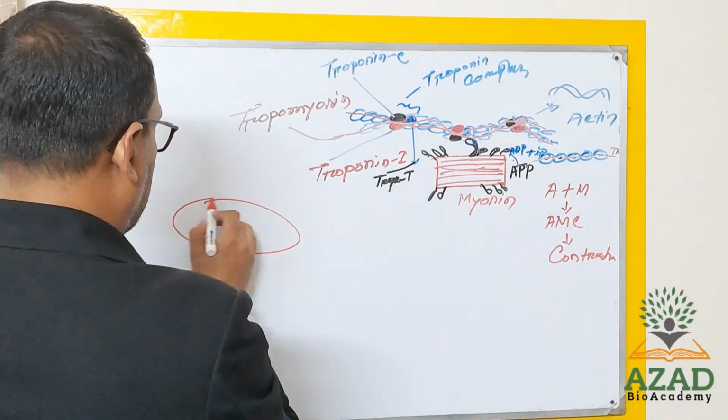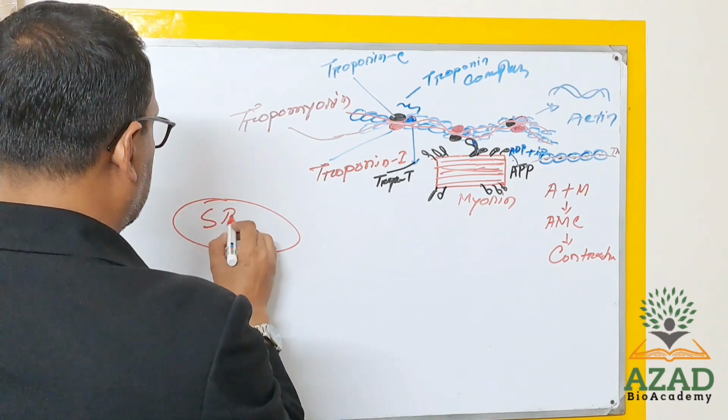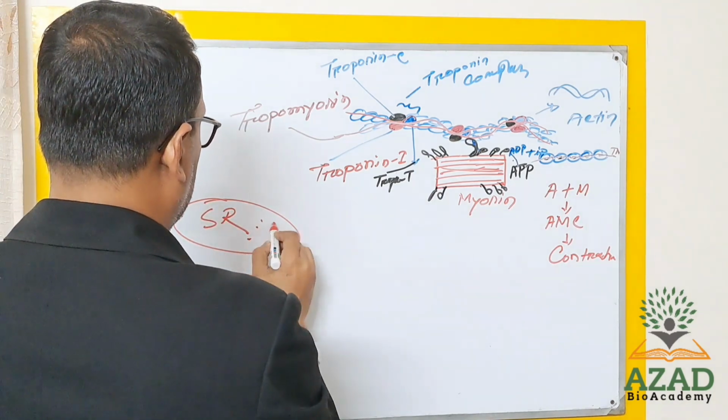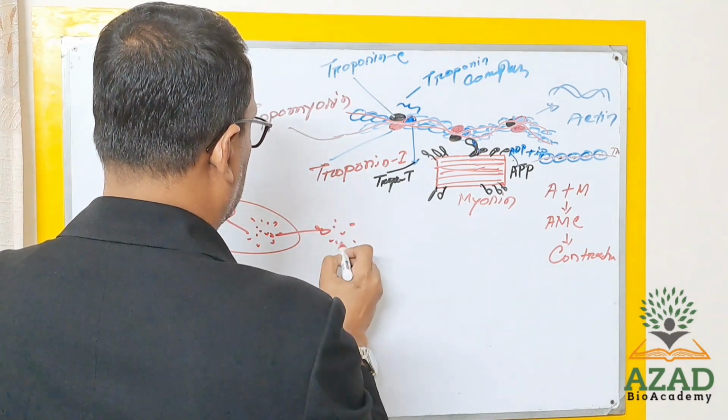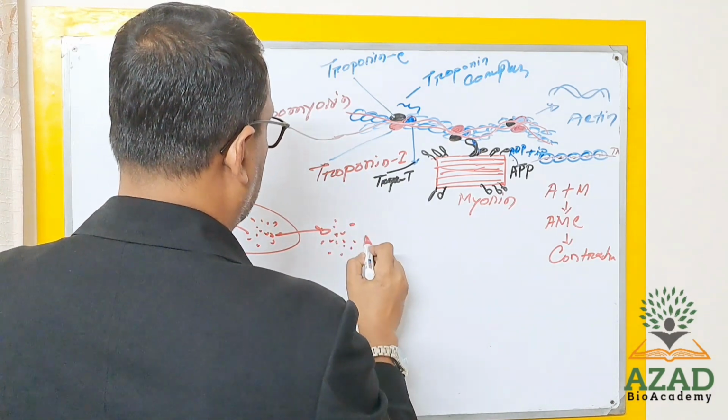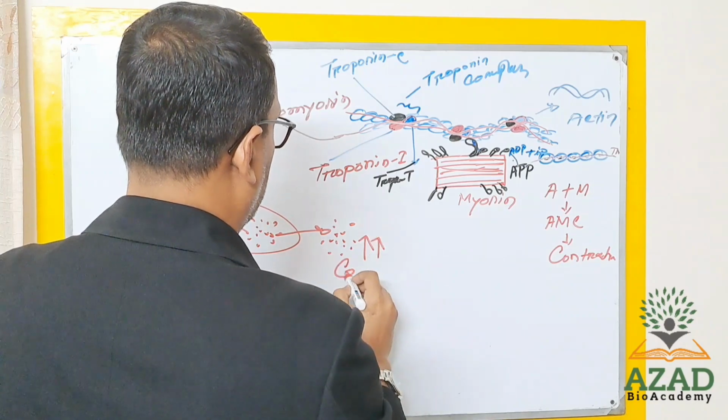From the sarcoplasmic reticulum, the storekeeper of calcium, that calcium will come out and it will increase intracellular calcium.